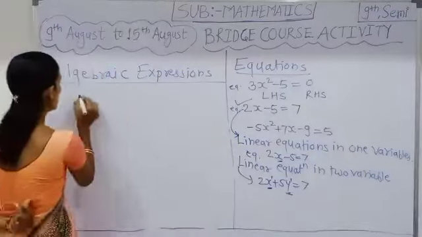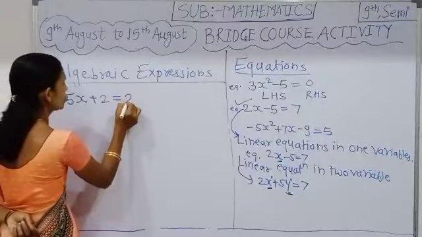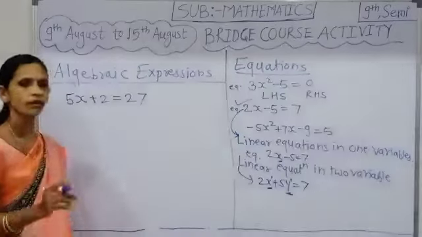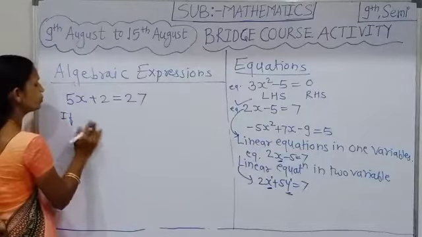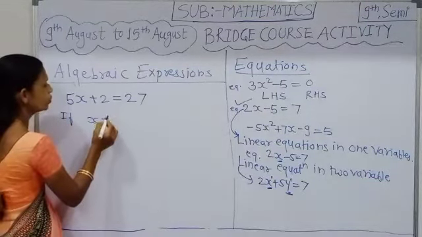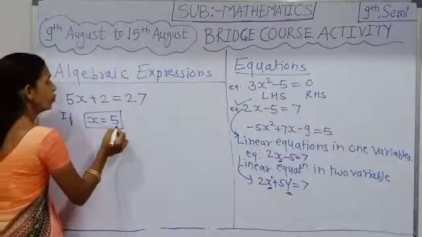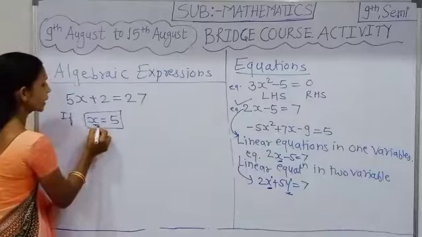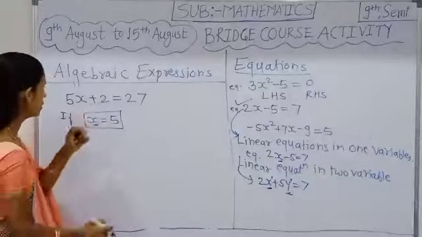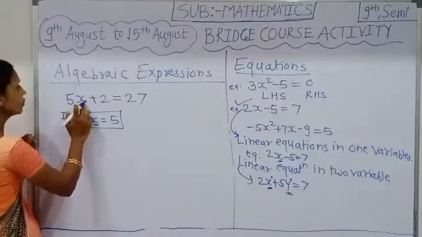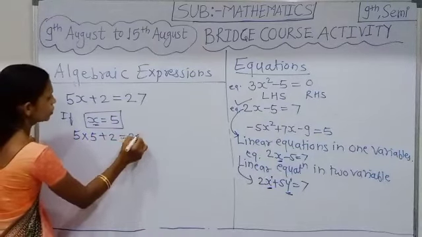For example, 5x plus 2 is equal to 27. Putting the value x is equal to 5, we have to find out whether this value of x will satisfy that equation or not. Putting x is equal to 5 here, 5 into 5 plus 2 is equal to 27.